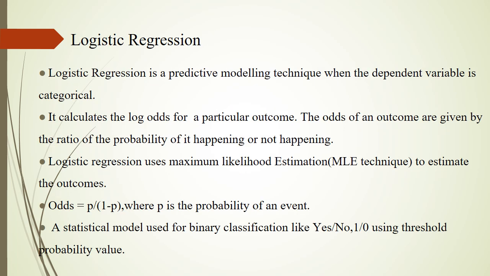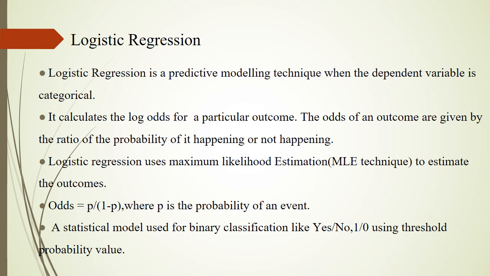So, logistic regression first. Logistic regression is a predictive modeling technique used when the dependent variable is categorical, meaning it can be nominal or ordinal data. It calculates the log odds for a particular outcome. The odds of an outcome are given by the ratio of the probability of it happening to it not happening.